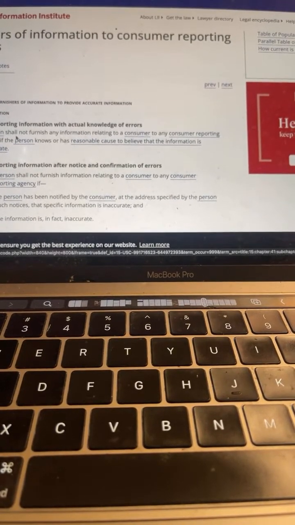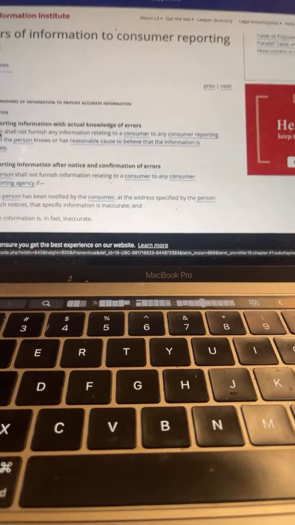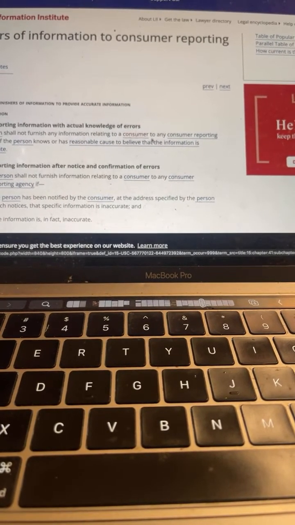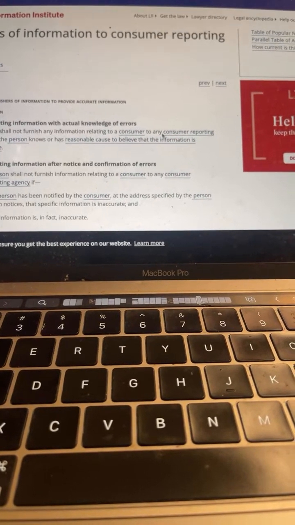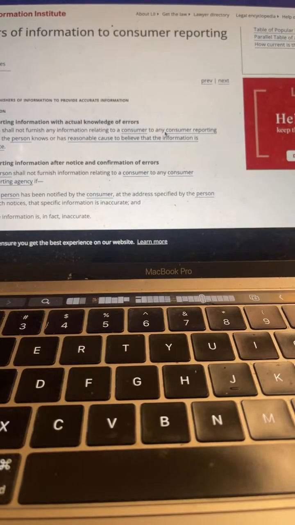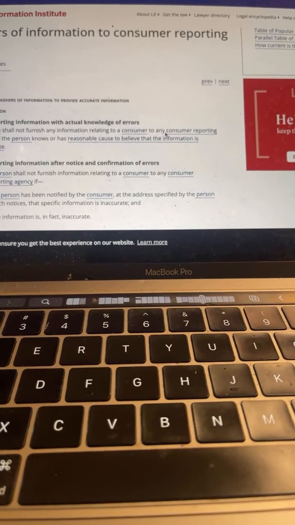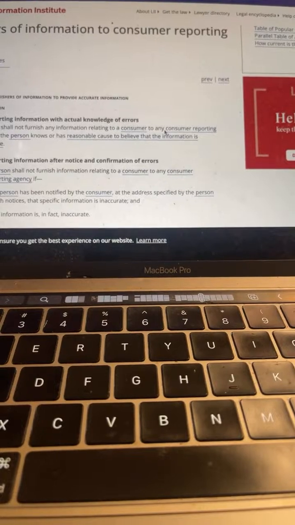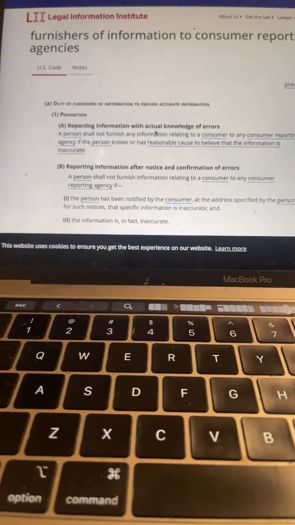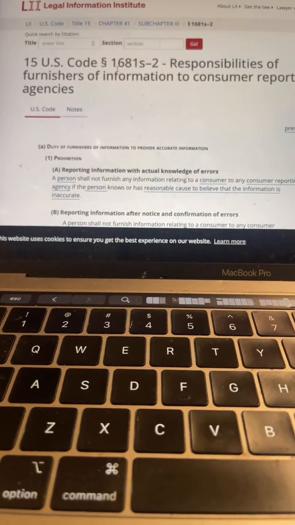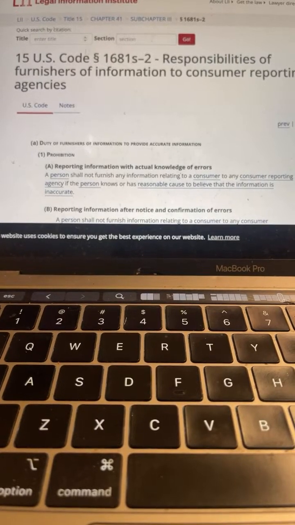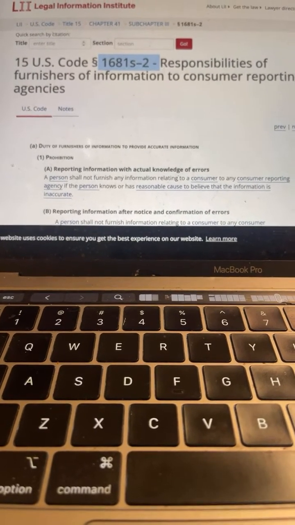It states a person shall not, and typically whenever they state a person, they're referring to a corporation, furnish any information relating to a consumer to any consumer reporting agency if the person knows or has reasonable cause to believe that the information is inaccurate. So for inaccurate information, this is what we'll find. If you guys have spotted inaccuracies on your consumer report, we'll come here and use this consumer law code, 15 USC 1681 s2. And there are many, many case law studies with this specific consumer law code.